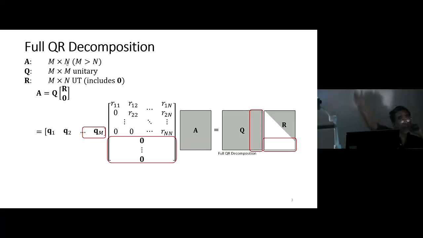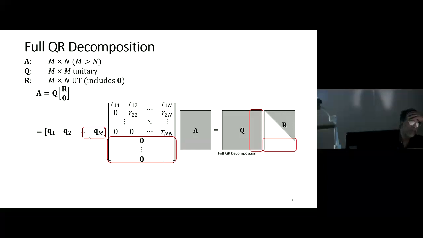So what's the last column of A going to be? Q1 times R1n plus Q2 times R2n all the way to Qm times 0, right? That's the last column of A. So you see Qm is getting multiplied with all zeros.